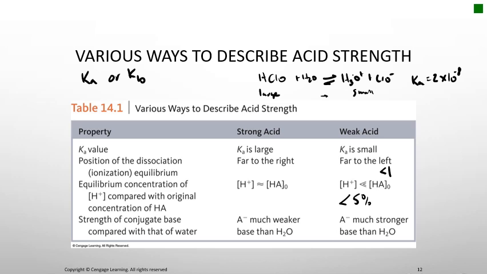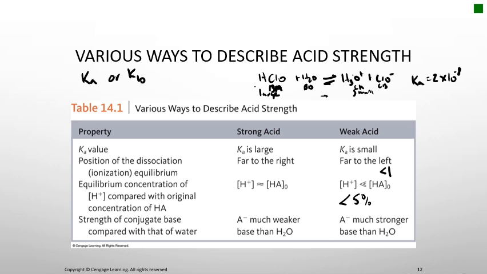When we look at this in the forward direction, again, the H2O is acting as the Bronsted base. The HClO is acting as the Bronsted acid. The H3O plus is my conjugate acid. The ClO minus is my conjugate base.